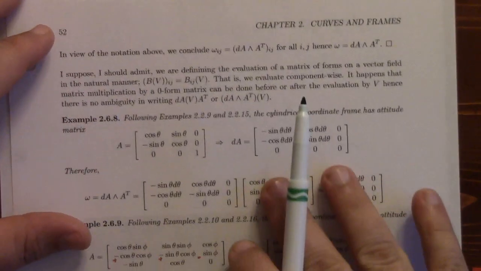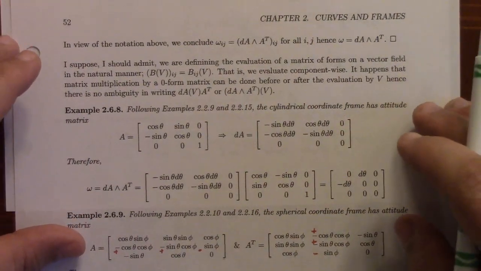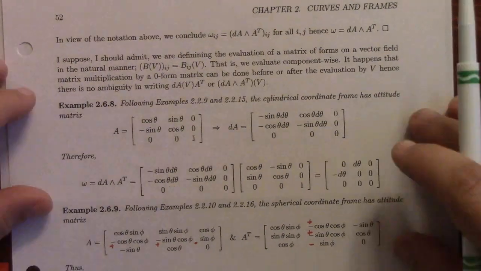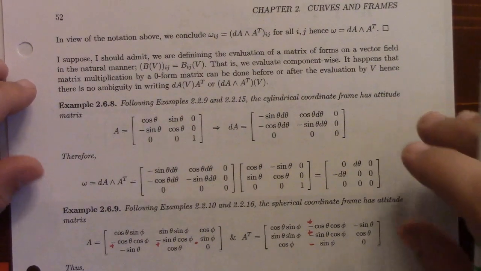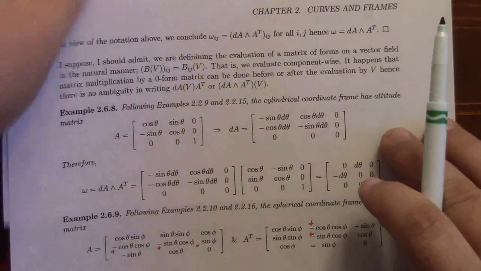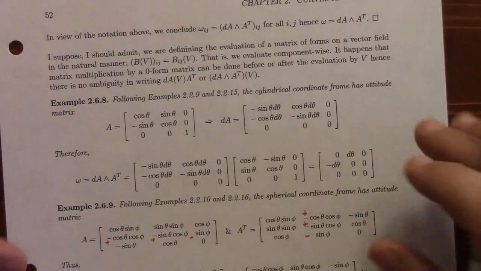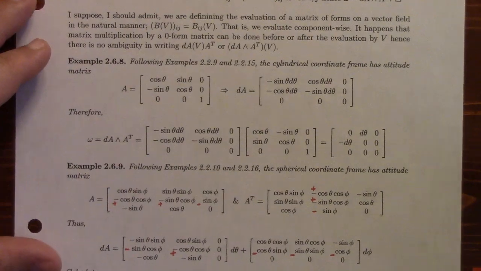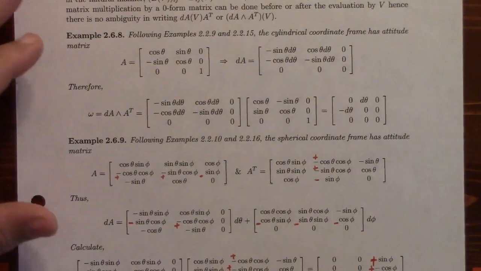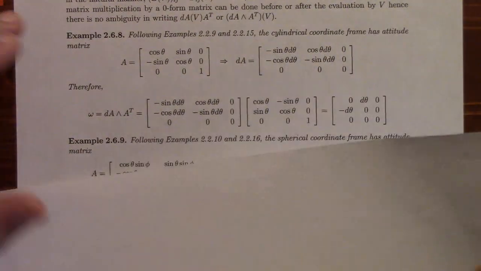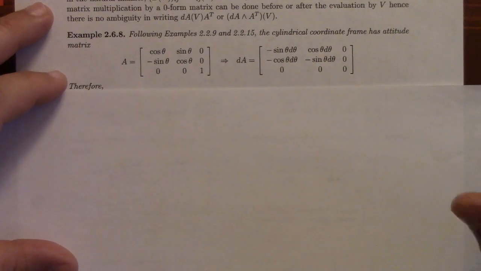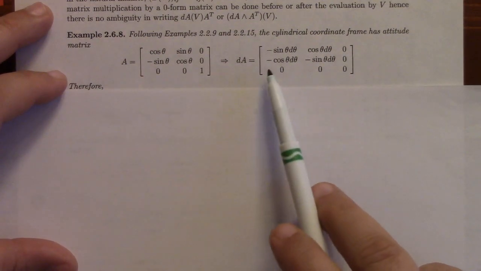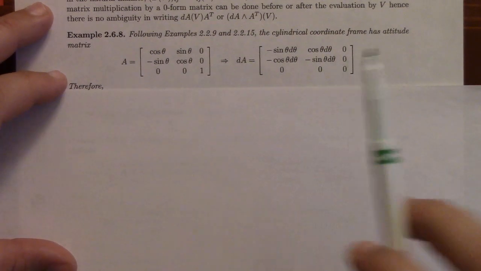But in any event, there it is. And I actually have some examples here. So let's see here. We had this attitude matrix before for the cylindrical coordinate frame. If you calculate dA, you get that.